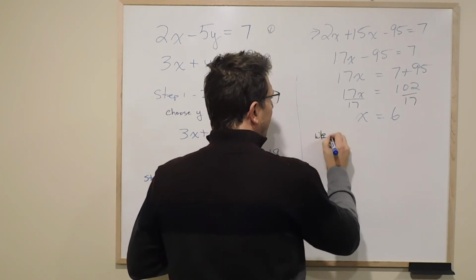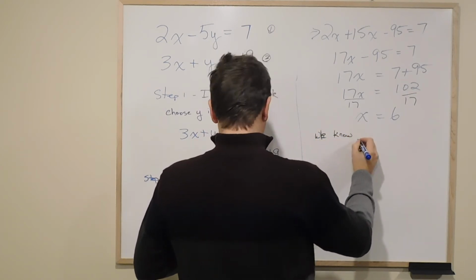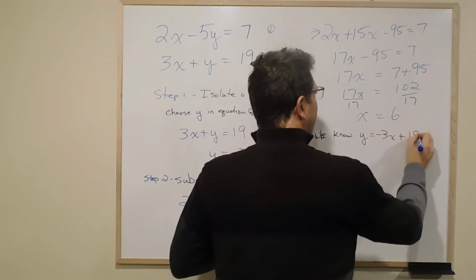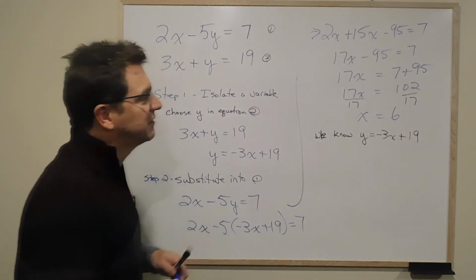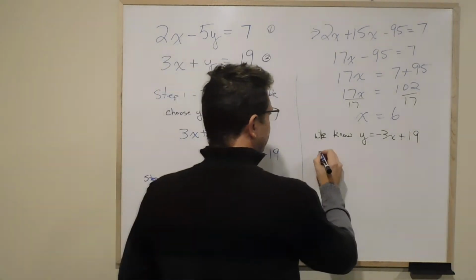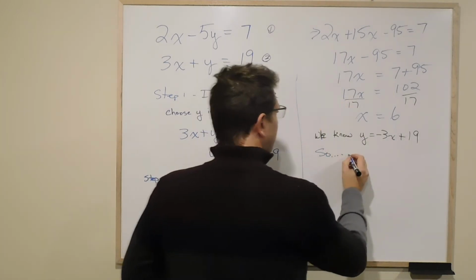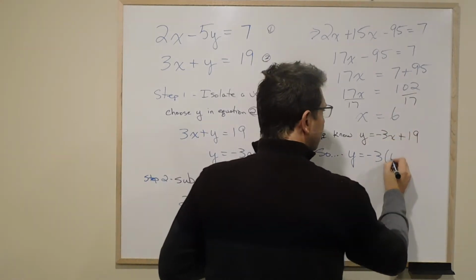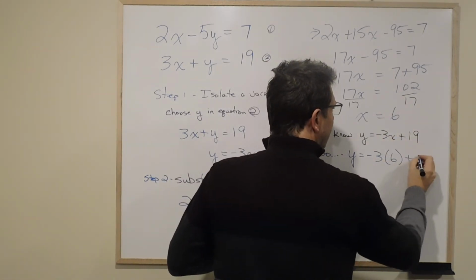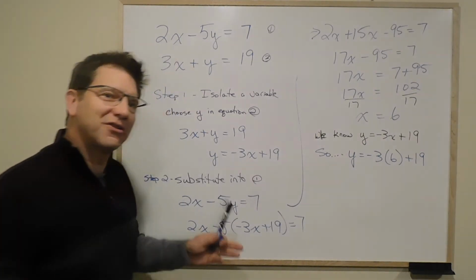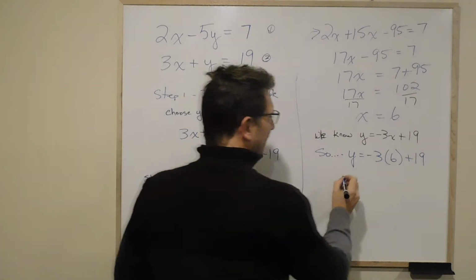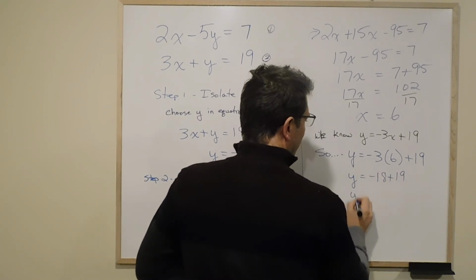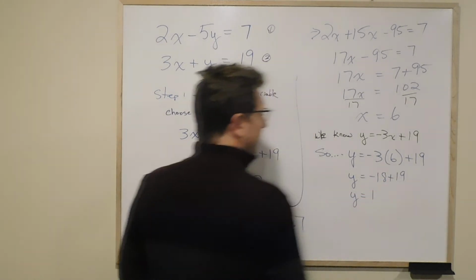So we can sub in. y equals negative 3 times 6 plus 19, because we just found out that x was 6. And if we do that, y equals negative 18 plus 19, and y equals positive 1.